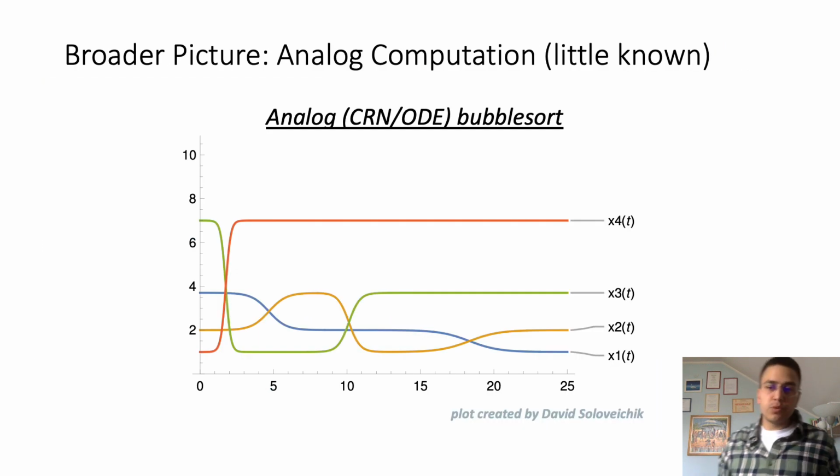So now I just wanted to put this work into a broader context of analog computing. And here I show a bubble sort algorithm that's implemented in the analog world, that is with CRNs or ODEs. And what was intriguing to find out is that even this simple algorithm that we know very well in digital logic, we had a hard time understanding in analog logic. We had a hard time understanding how it works and why it works. And what this also says is that we know little about programming in the analog world.